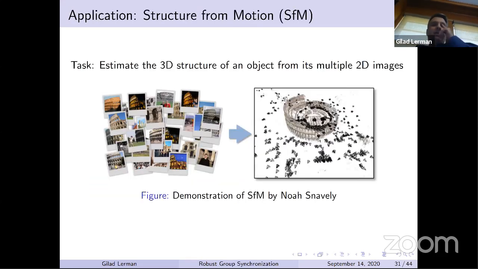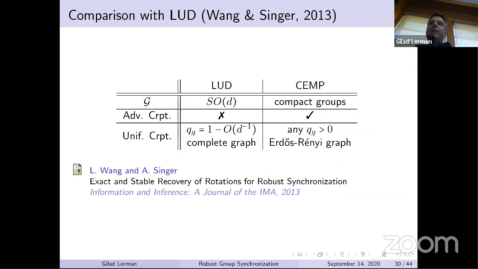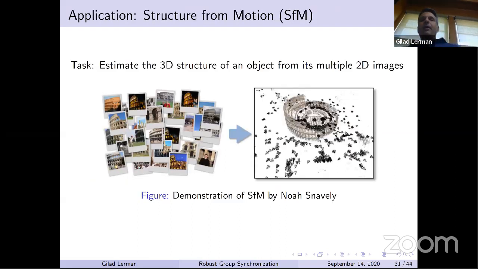Okay, so let me show you that this simple idea with clean guarantees works for real problems. The problem I'm interested in is called structure from motion. It's a very essential problem in computer vision. The problem assumes a lot of different 2D views, different photos of a given scene.